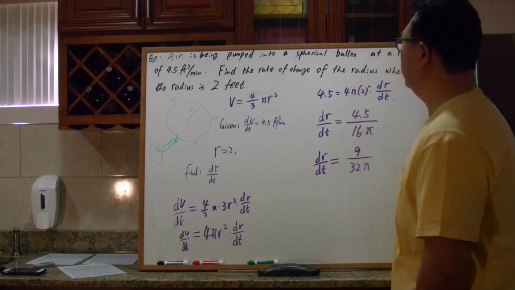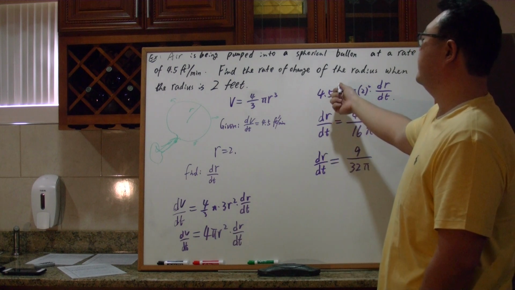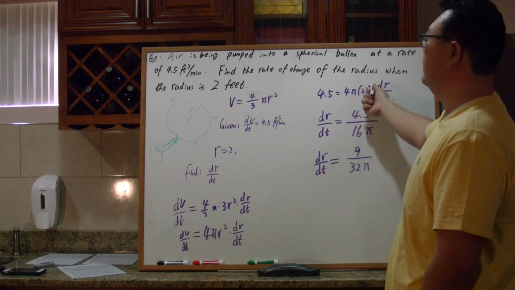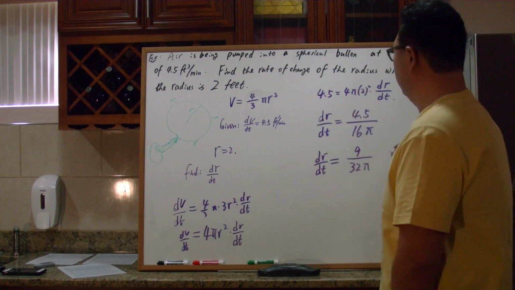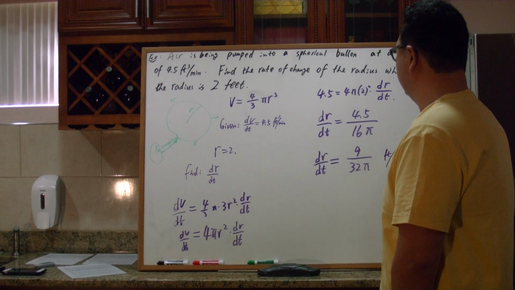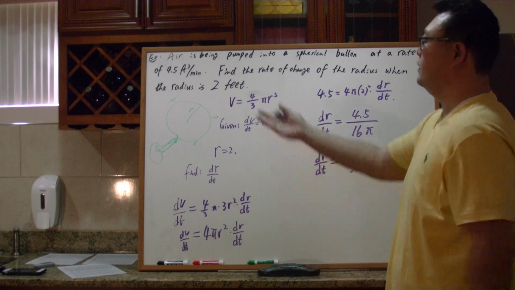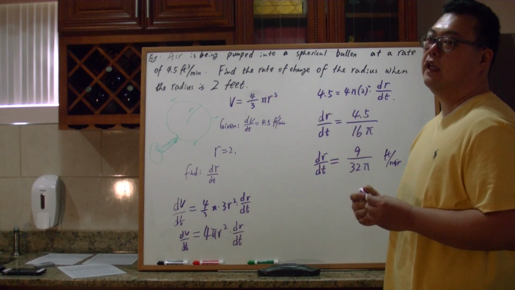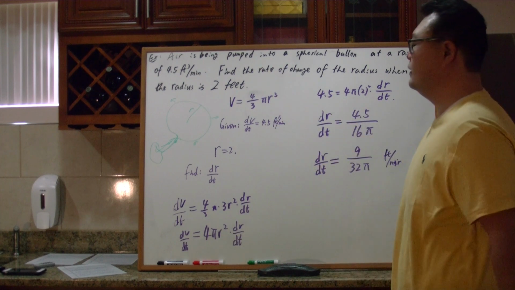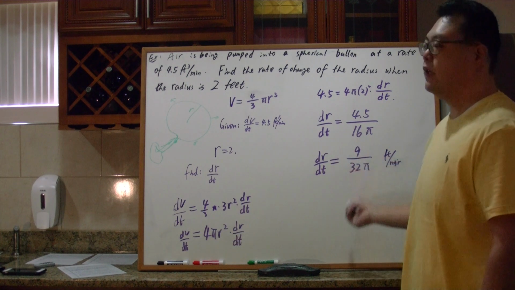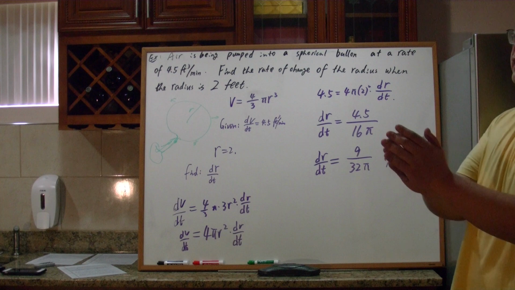And double check the unit. We have cubic feet per minute, divided by the constant with unit feet squared, which will be feet per minute. Since the radius is large enough and the volume is not changing relatively fast, the rate of radius change at this time will be very small.